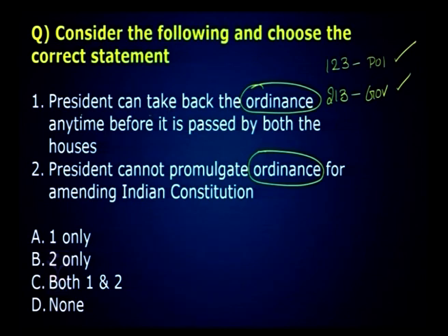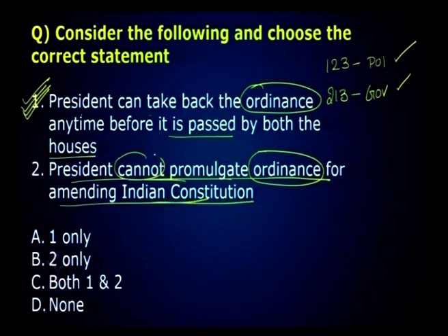The President can take back the ordinance any time before it is passed by both the houses. Correct? Before Lok Sabha and Rajya Sabha pass the ordinance, the President of India can take back the ordinance anytime. No problem. This is a correct statement. Look at this. The President cannot promulgate an ordinance for amending the Constitution.